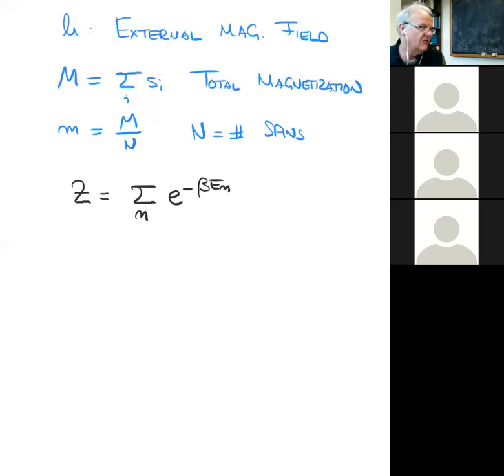It's a lattice of N spins, okay? And each spin has only two possibilities. The spin can point up or the spin can point down. So for every single spin, we have two possibilities and we have N spins total. So this sum is effectively just a sum over 2 to the N states.